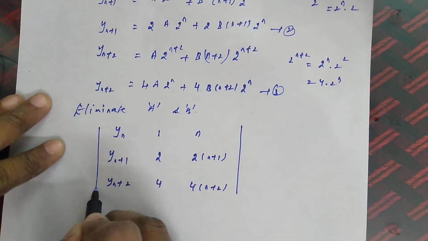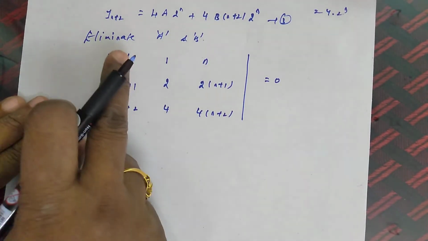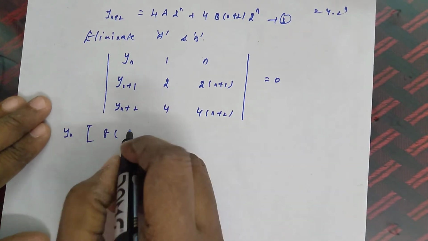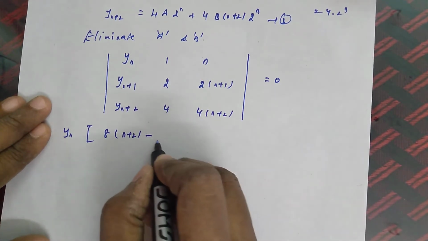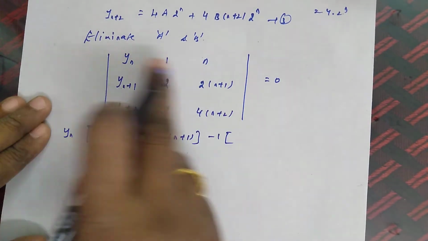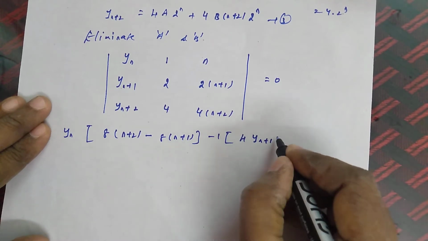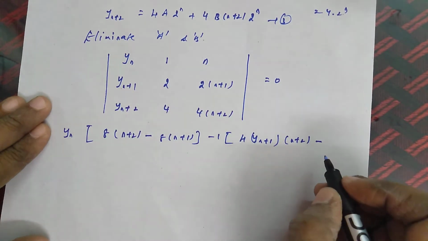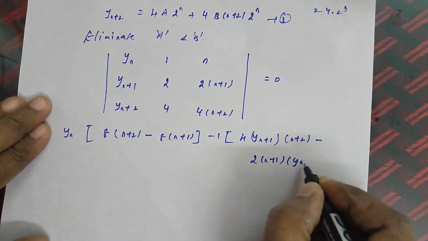Write it in determinant form, we are going to expand this. So yn into the corresponding row and column we can omit. So when you are multiplying this, 8 into n plus 2 minus 8 into n plus 1, minus 1 into, corresponding row and column we have to omit, 4 into yn plus 1 into n plus 2 minus 2 into n plus 1 into yn plus 2.